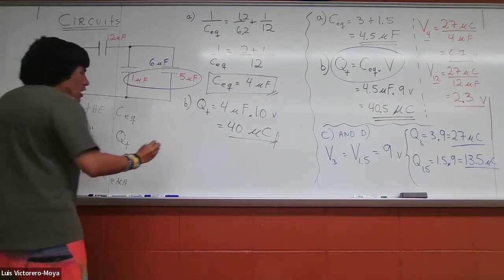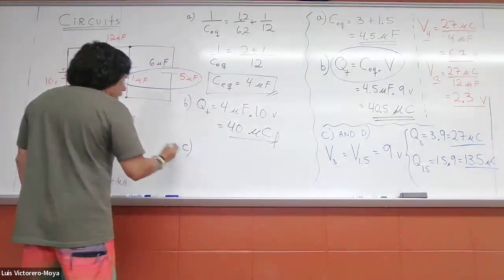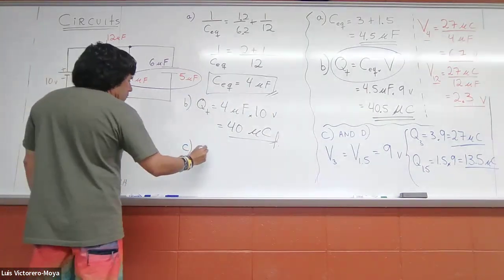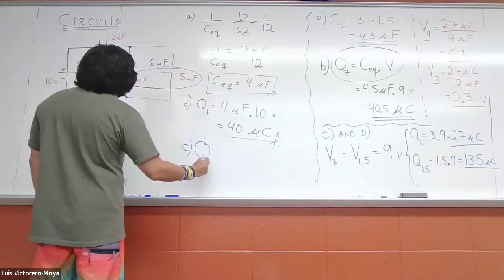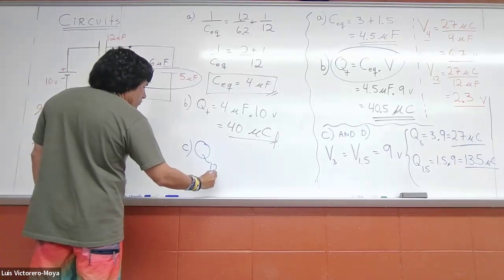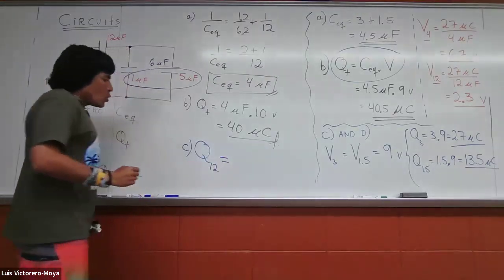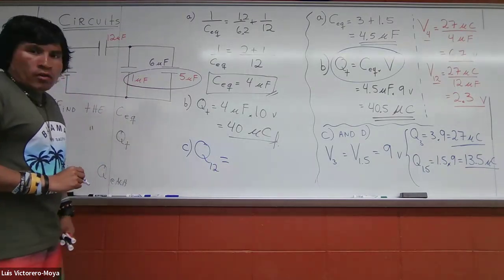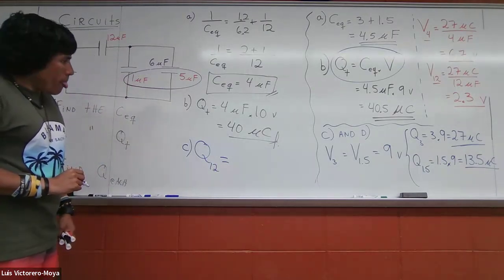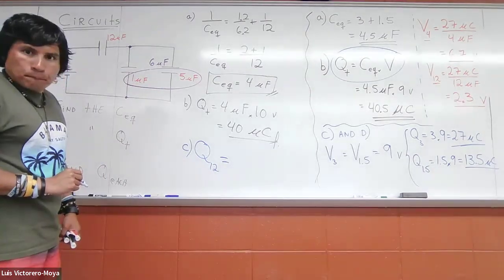To find the charge on each, I'm pretty sure everybody by now should know what's the charge on 12. What's the charge on 12 microcoulombs? 10? No, that's the voltage.